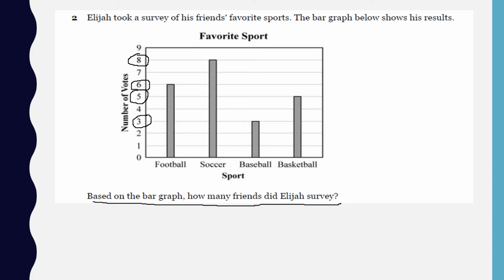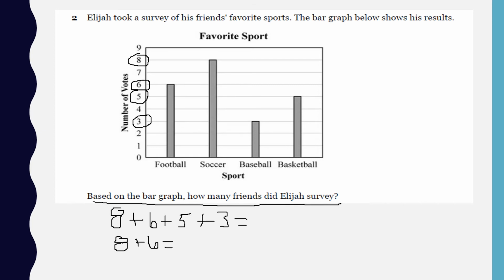I won't be able to use multiplication, and I definitely don't want to use subtraction because I'm finding the total number of friends that Elijah surveyed by combining all of these numbers of votes for football, soccer, baseball, and basketball. Now that I've written out my addition problem, I know I never want to add 4 numbers at once. So I'm going to make sure I only add 2 numbers at a time in order to solve.